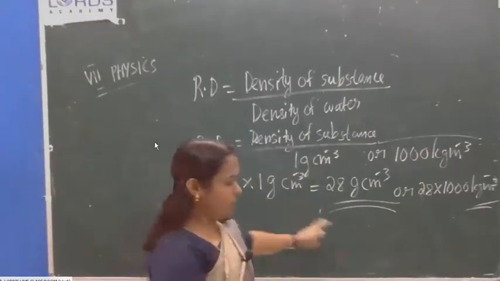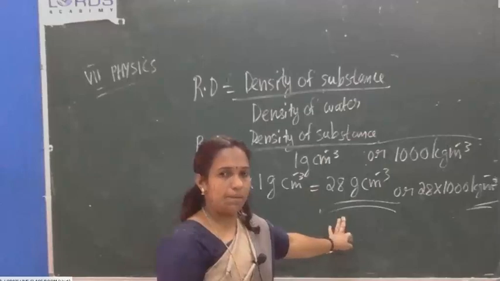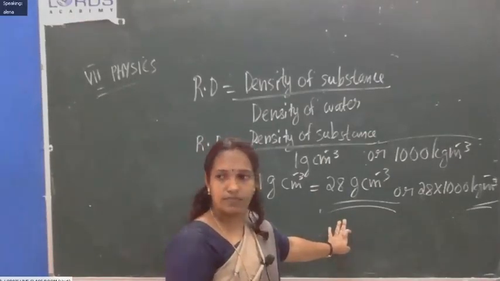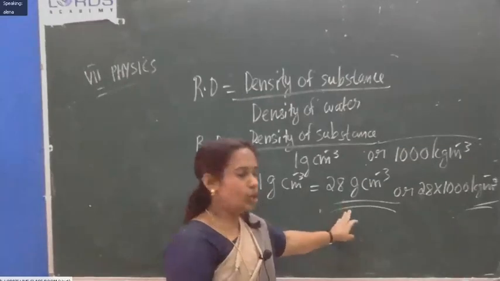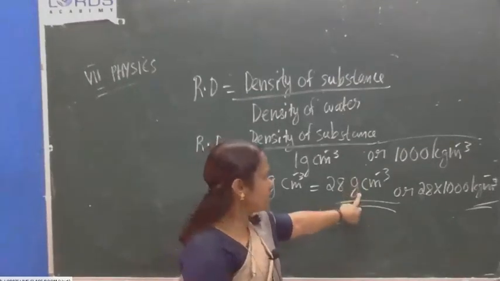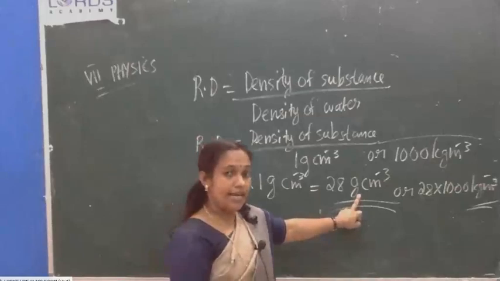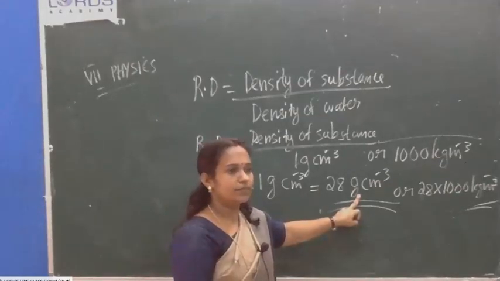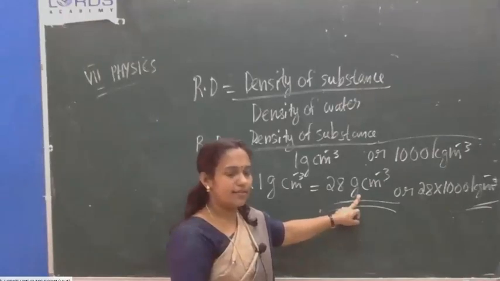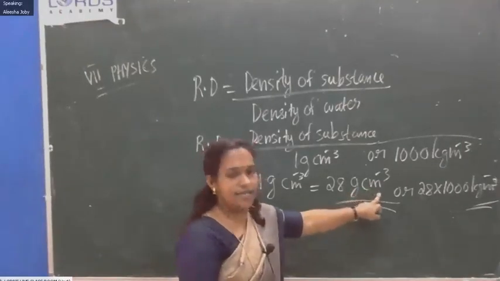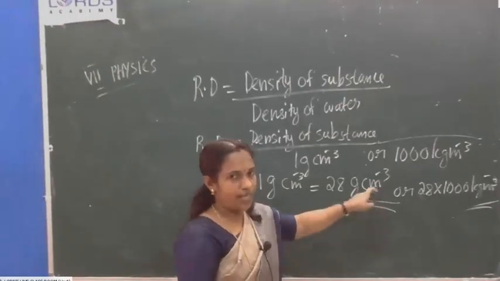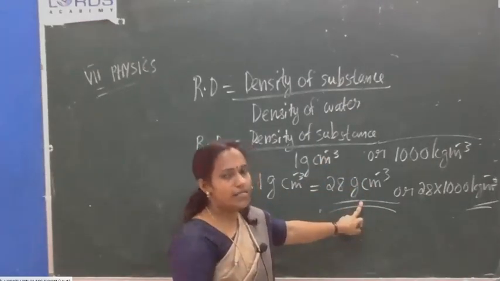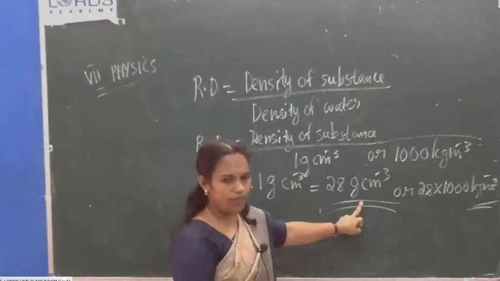Relative density of a substance is equal to the density of the substance in gram per centimeter cube. Density of the substance in gram per centimeter cube.